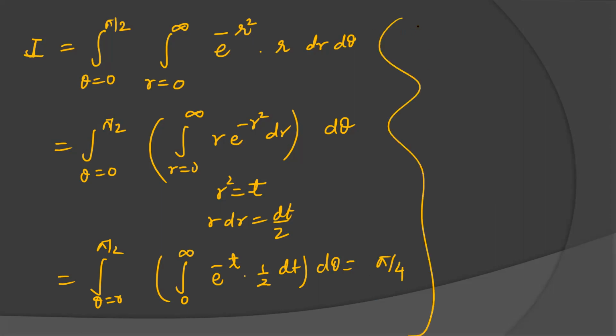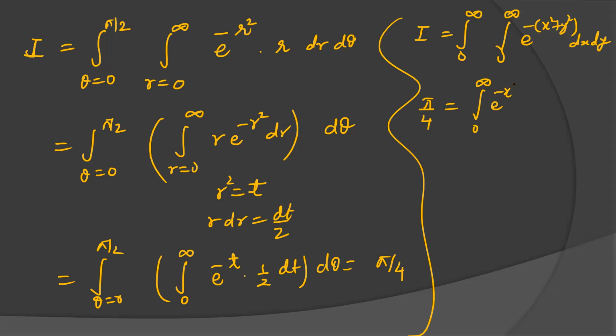Now, the double integral of e to the power minus (x square plus y square) dx dy, over 0 to infinity for both limits, I calculated the value equal to pi by 4. Both limits are constant, so we can separate the integrations. We can write it as the integral of e to the power minus x square dx times the integral of e to the power minus y square dy.